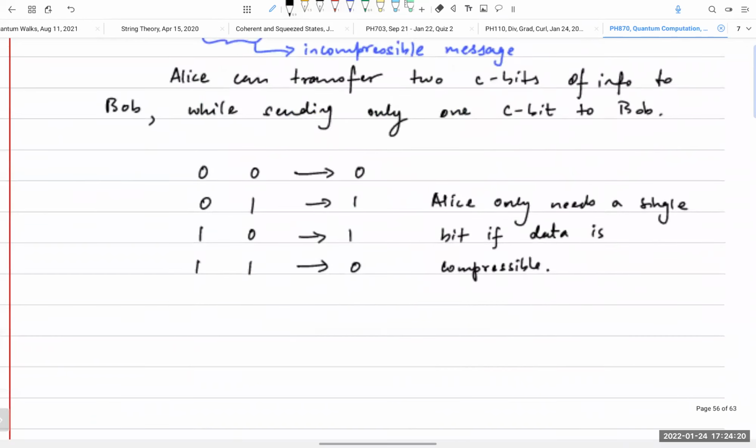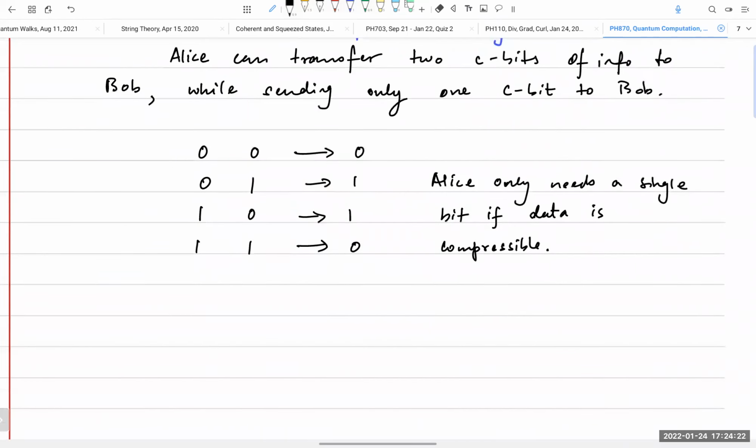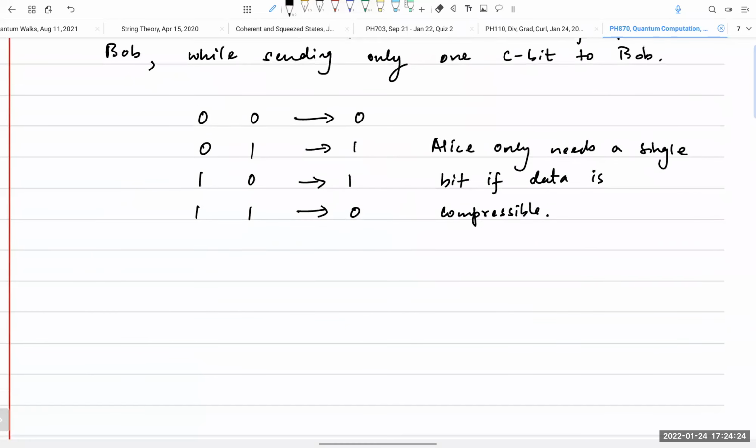Well, I suppose that's not strictly correct, because these two configurations are not the same. But if you don't care about which bit is 0 and which bit is 1, then they are. And in that case, Alice only needs one bit.